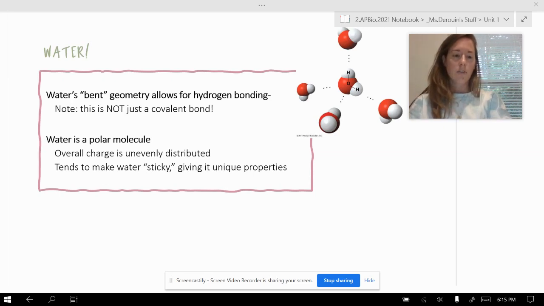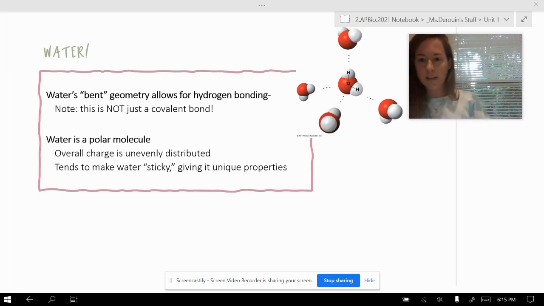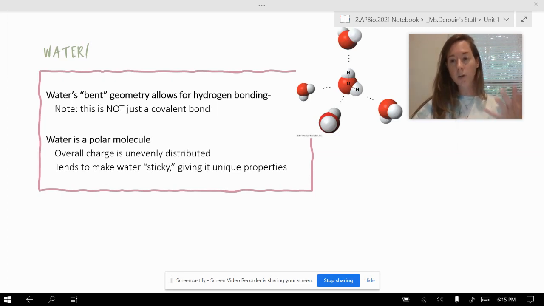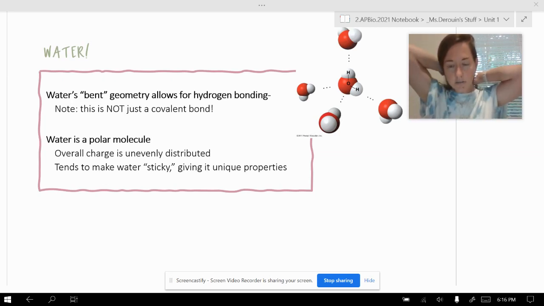So first of all, water's shape is what allows for hydrogen bonding, as well as its polar covalent situation. So it's not just because it has a covalent bond, it's because it has a polar covalent bond, and also because its shape is really conducive to hydrogen bonds forming.